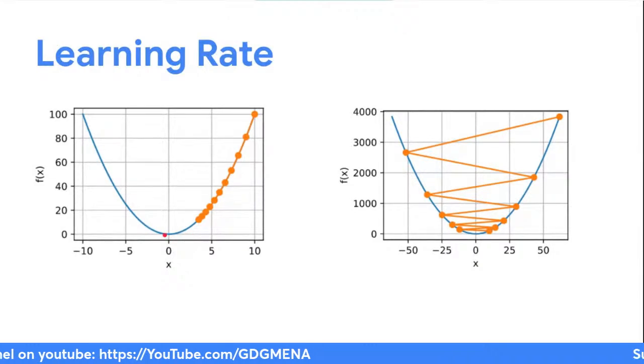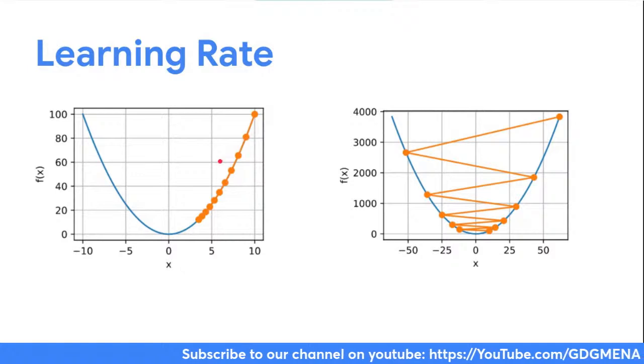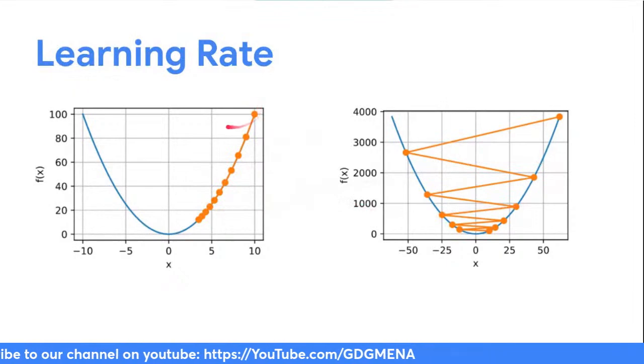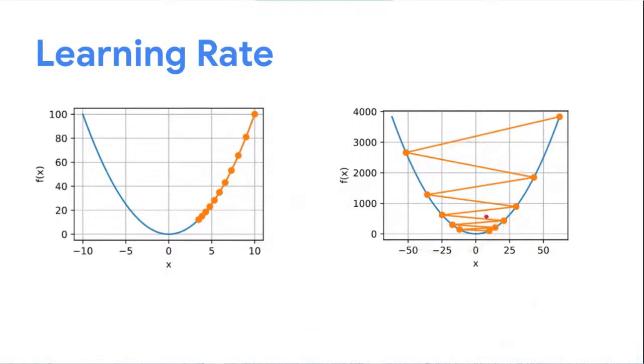Conversely, if we use a higher learning rate, the steps are much larger. Here we have those two graphs: with a small learning rate we are moving step by step to reach the bottom, and on the other side we have the second graph with a larger learning rate, where we are jumping in a large way. This graph represents the gradient descent.